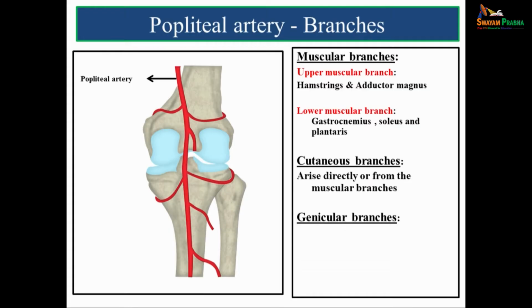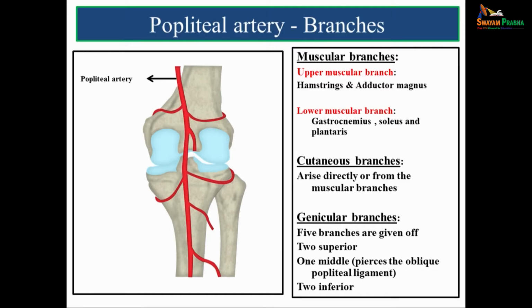The cutaneous branches arise directly from the artery or from the muscular branches. The genicular branches, which supply the joint, are five in number: two superior, two inferior, and one in the middle. Now you can see this picture.